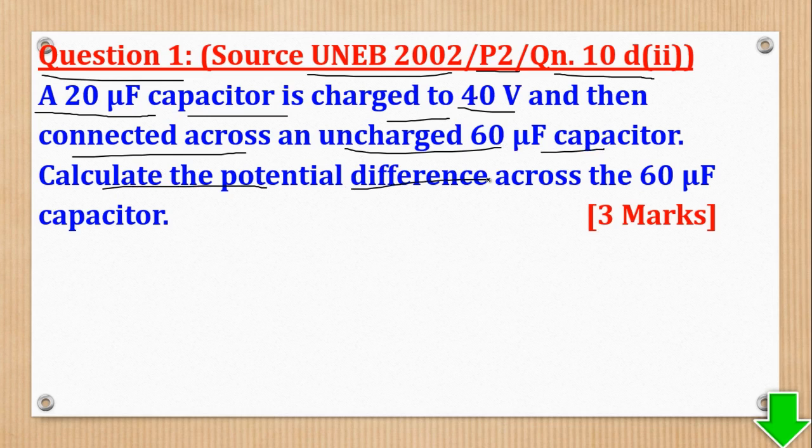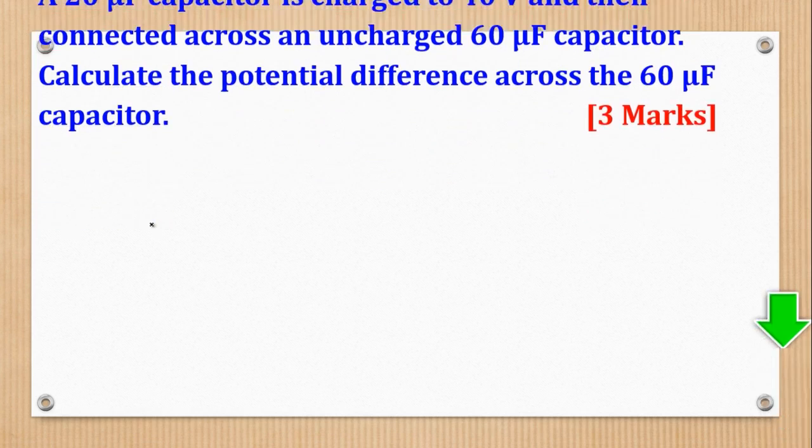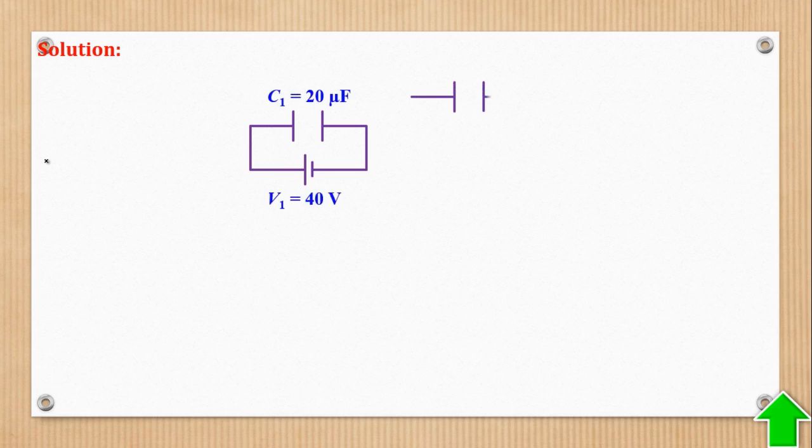Calculate the potential difference across the 60 microfarad capacitor. So if we are to illustrate, first we have a capacitor of 20 microfarad which is charged to 40 volt. Then from there you connect it to a 60 microfarad uncharged capacitor.